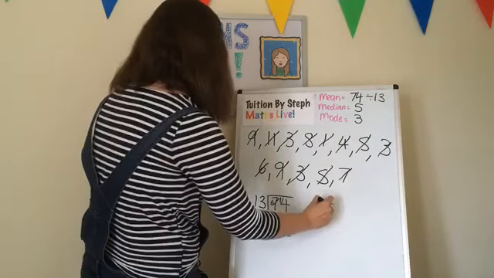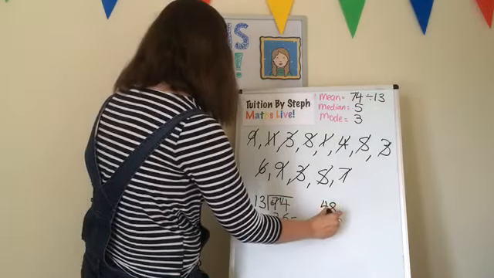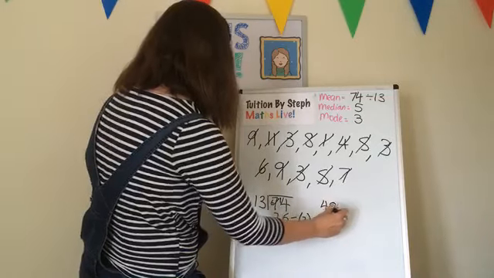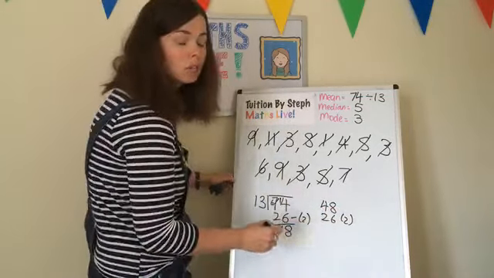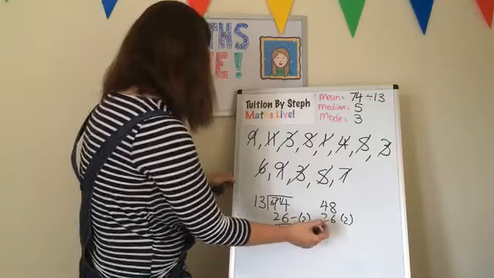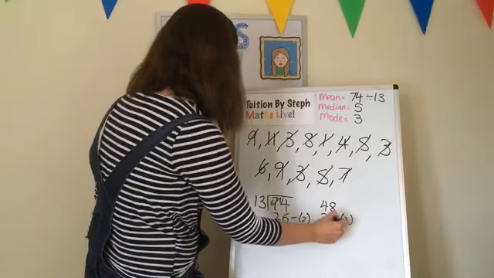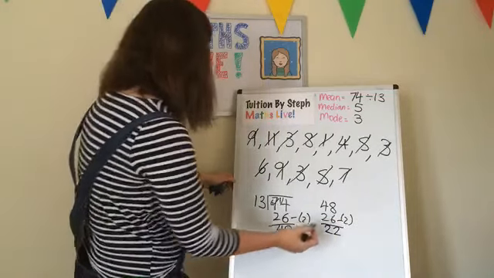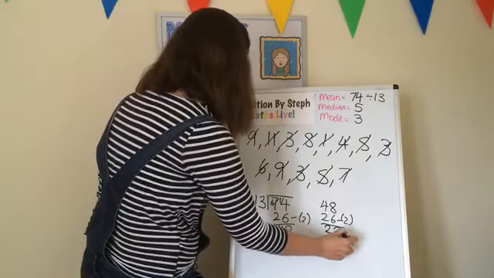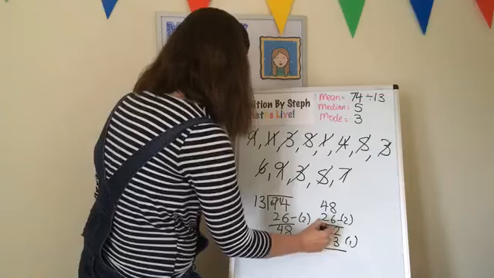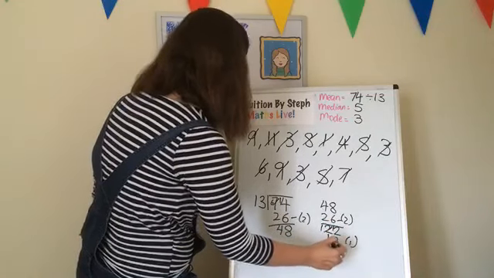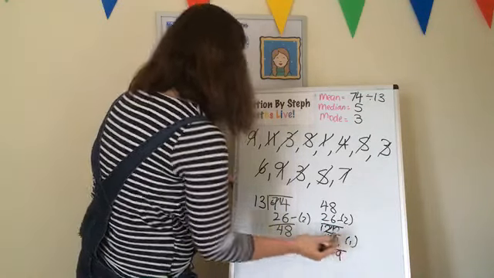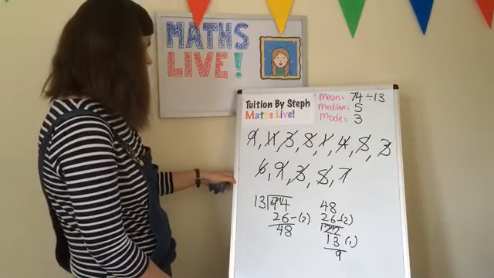On 48, I'm going to take away another lot of 26. I'm doing long division here, I've got another lesson on it, so if you want to catch up. So I've got 22 left. So I'll take another lot of 13. So I've got 9 left.